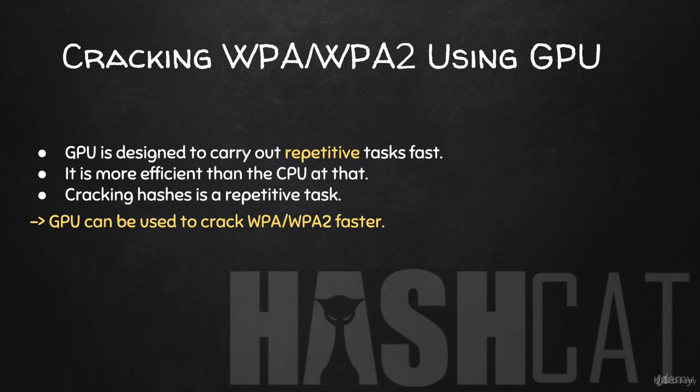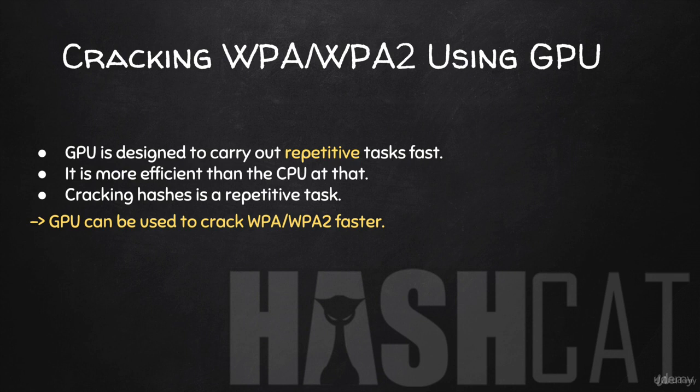Therefore, the process of key cracking is very similar in its essence to rendering pixels on screen. Basically, it's a very repetitive task because we go through the word list and we take each password in the word list and then try to test it against the handshake and see if it's valid or not. So it's a very repetitive task.